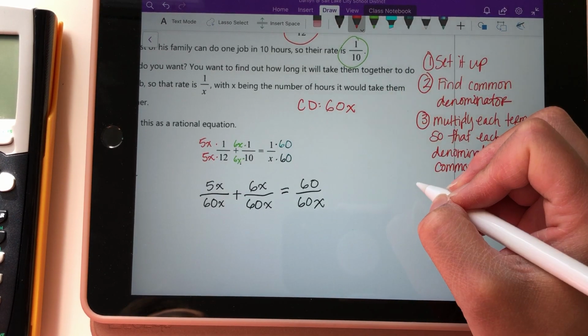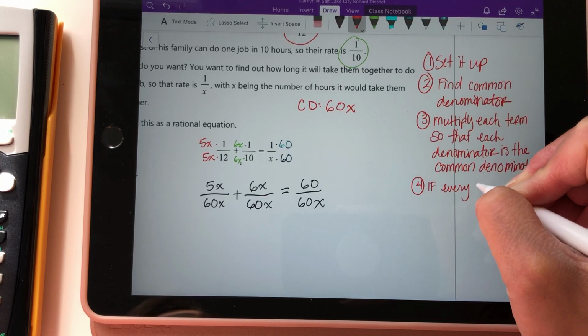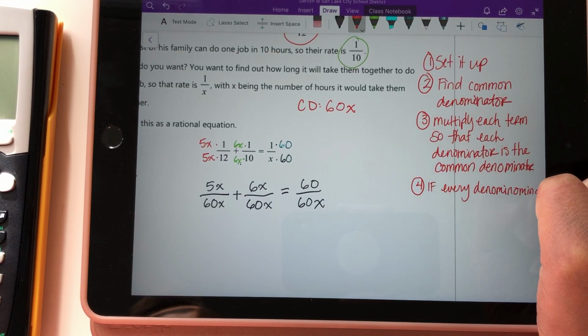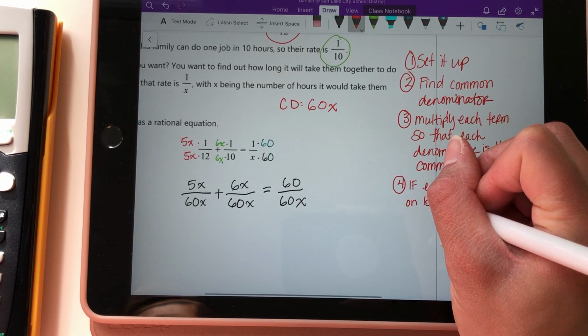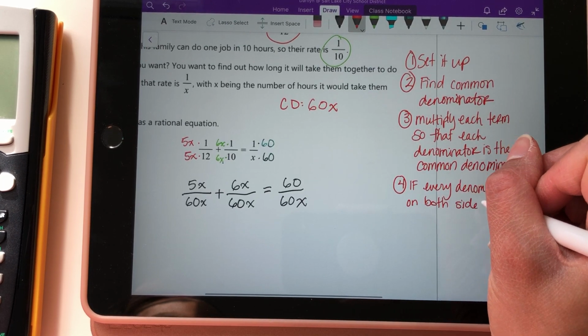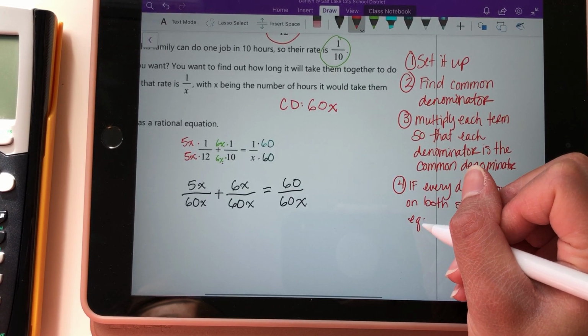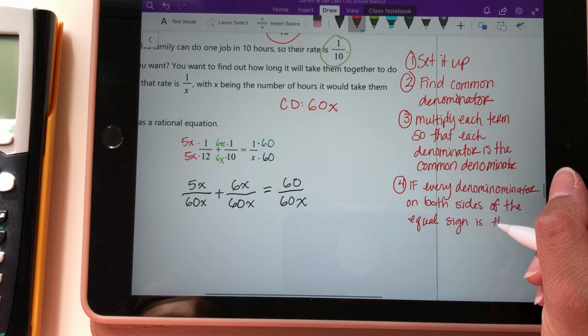So then we can follow the rule that says if every denominator on both sides of the equal sign is the same.